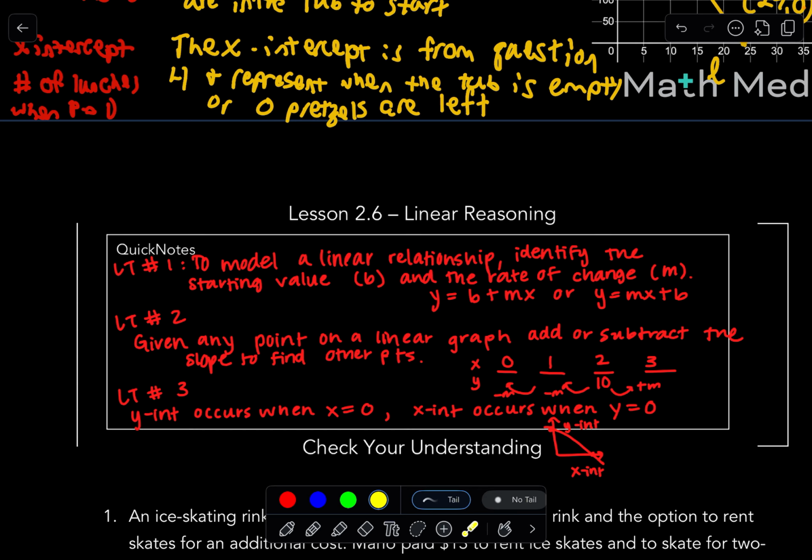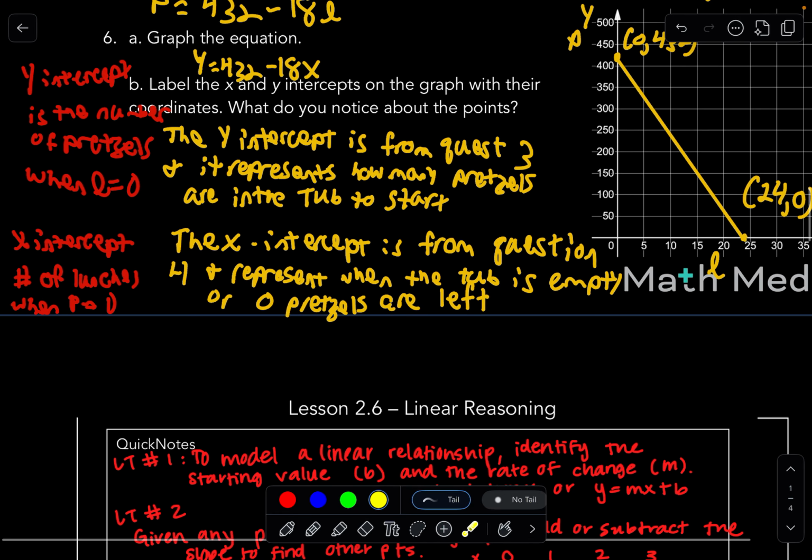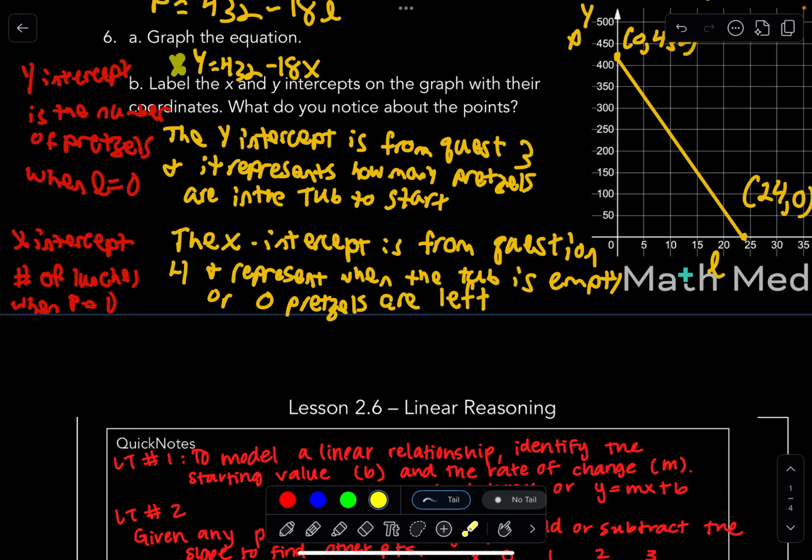To model a linear relationship, identify the starting value b and the rate of change m. Okay, that is y equals b plus mx, which is my preferred form of the equation, or you're probably more familiar with y equals mx plus b. All right. So you want to be able to write equations of this form to model situations. All right. Which we did right here.